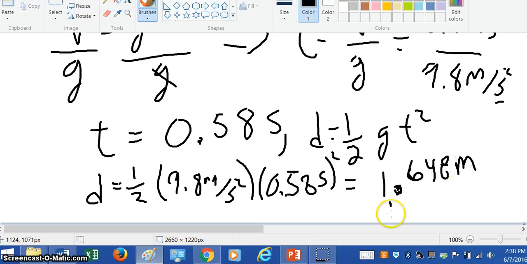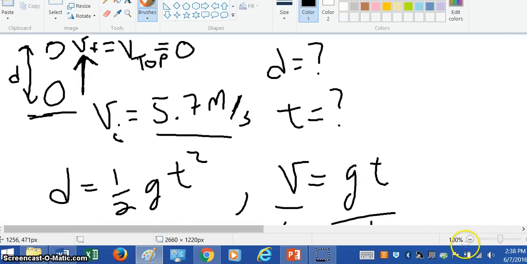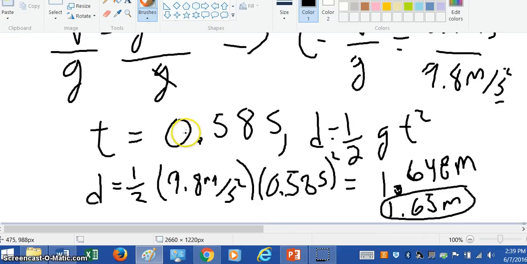I'm going to rewrite it as 1.65 meters. So that's the distance that the ball, or whatever object it is that we had originally up here, travels upward if the initial velocity was 5.7 meters per second. It'll travel upward about 1.65 meters.